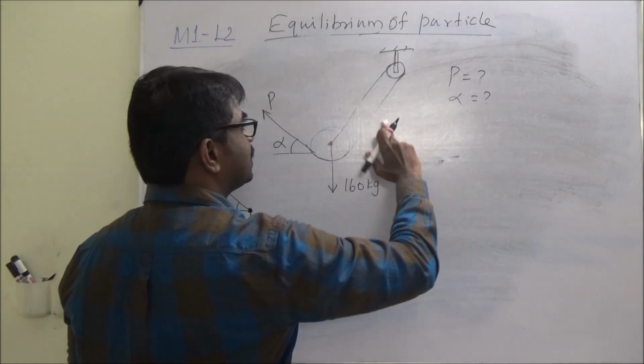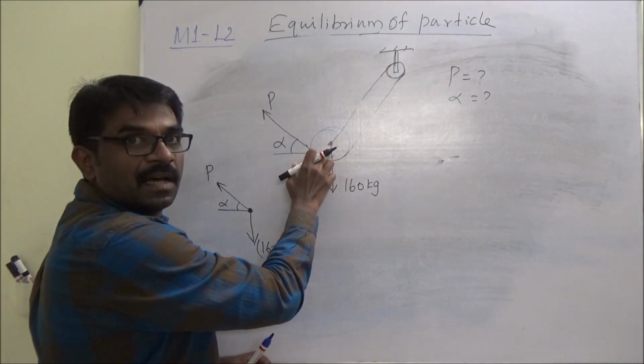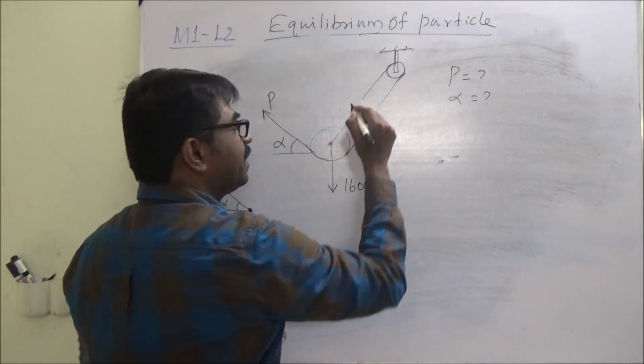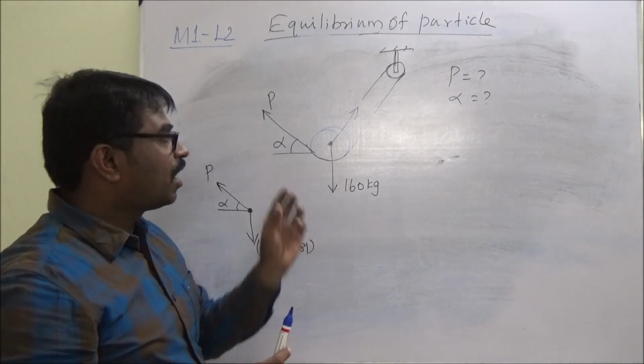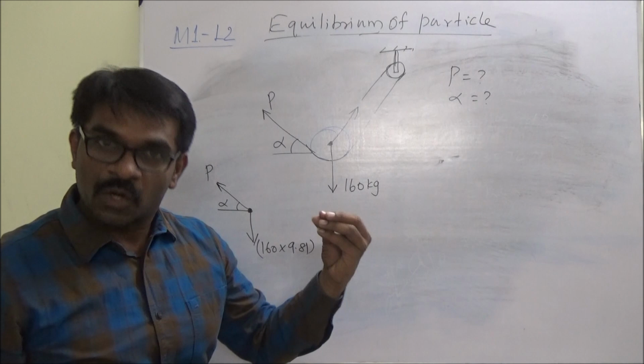So if I just cut and remove this, because my point of interest is this, I neglect that, and then already we know how to put the sense on a rope.